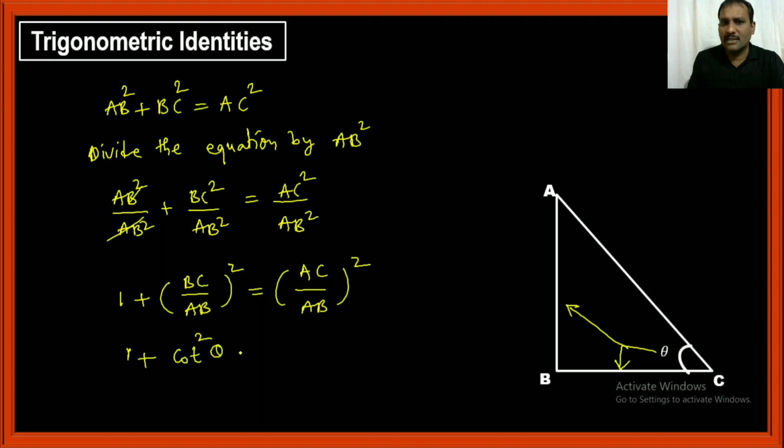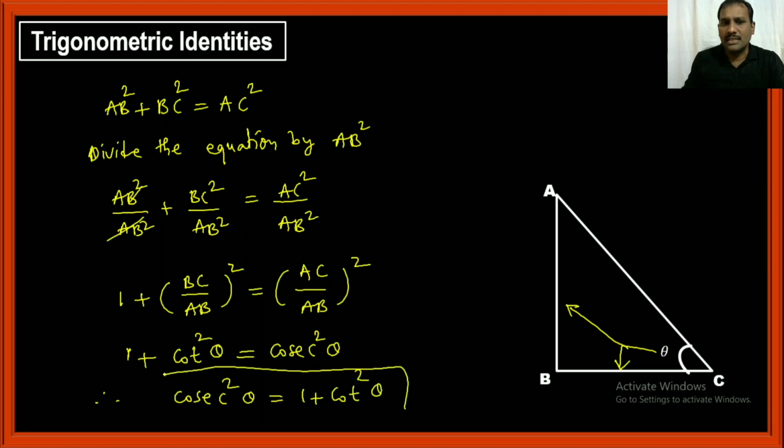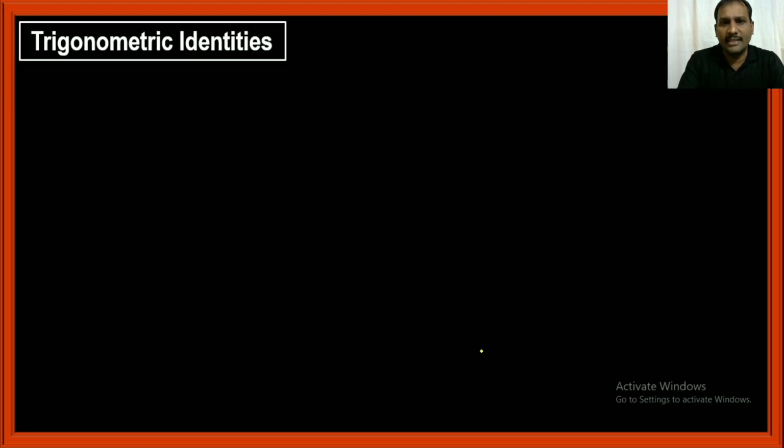So 1 plus cot square theta is equal to AC by AB, hypotenuse by opposite, which is cosecant square theta. Therefore, our identity can be written as cosecant square theta is equal to 1 plus cot square theta. So this is our third identity. So we have obtained three trigonometric identities.